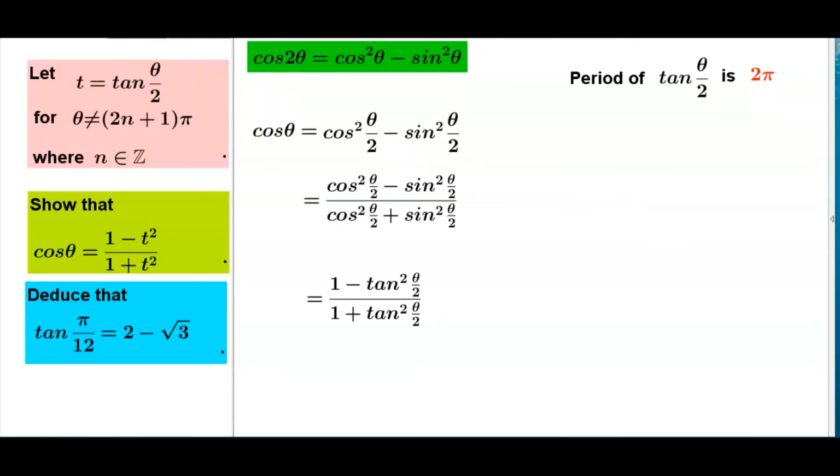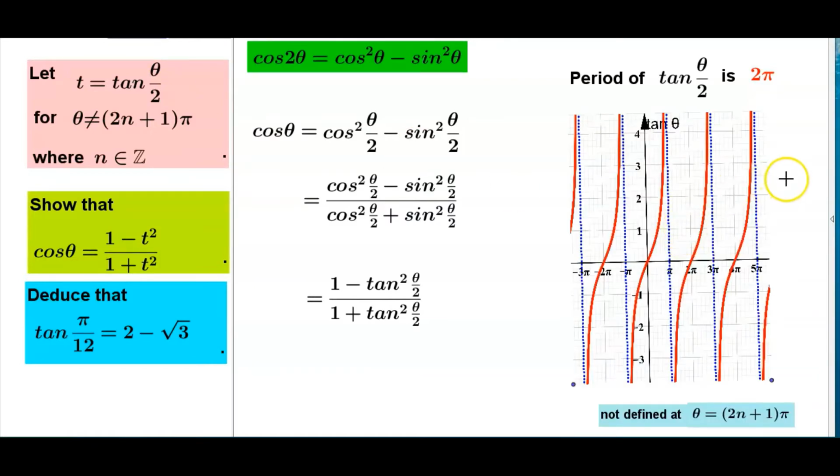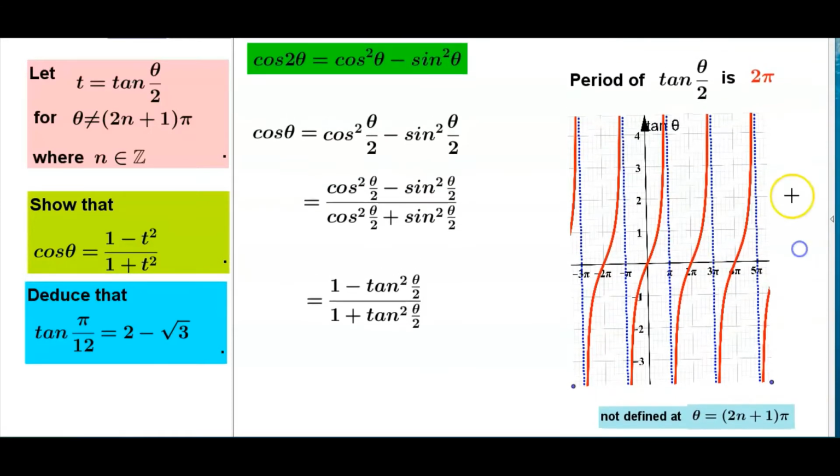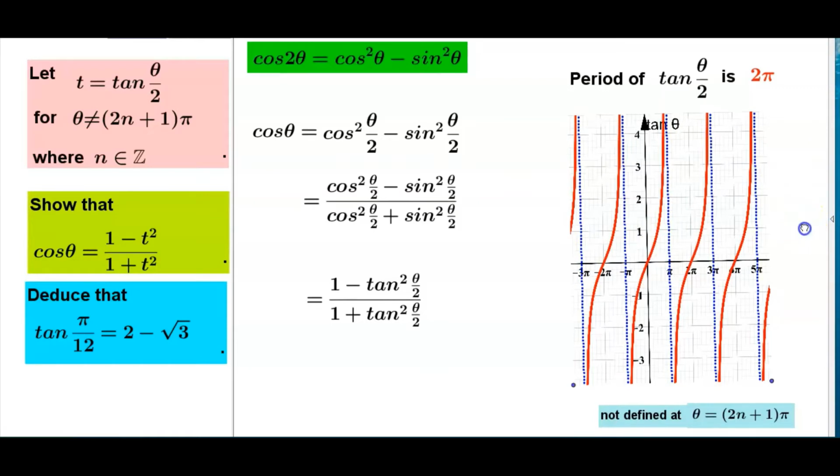So now we draw the graph of tan theta by 2. The period is 2 pi: in every 2 pi there is one branch of the graph, for example from minus pi to plus pi, and also from minus 3 pi to minus pi. This is the graph of tan theta by 2 with period 2 pi.